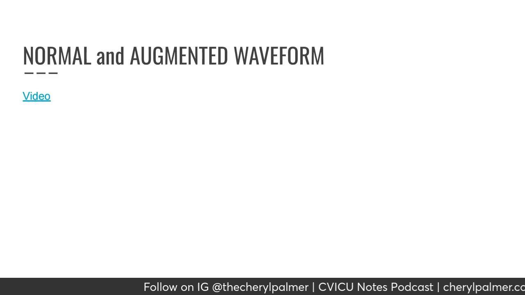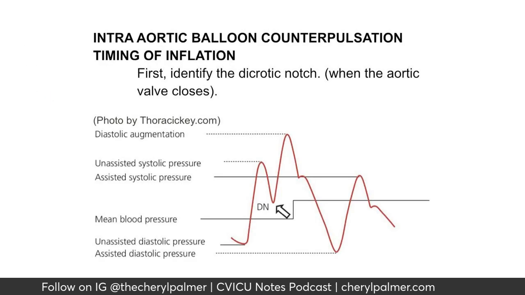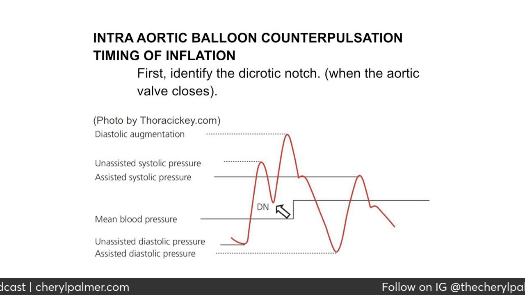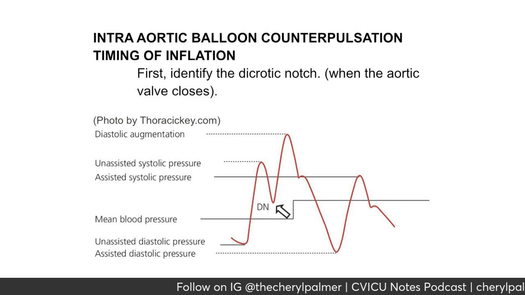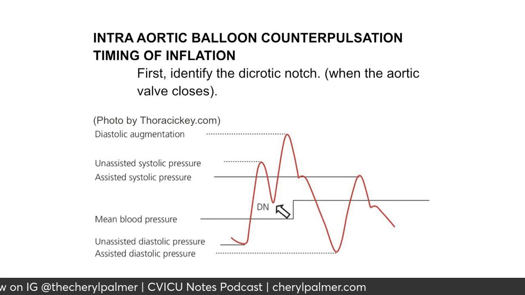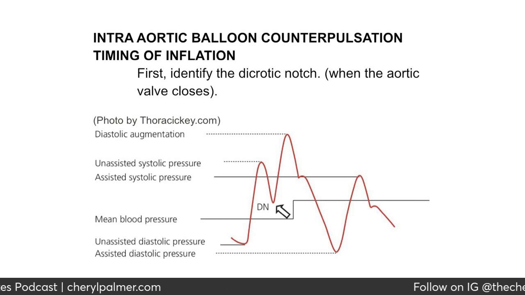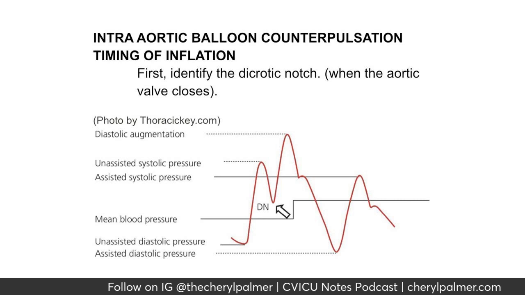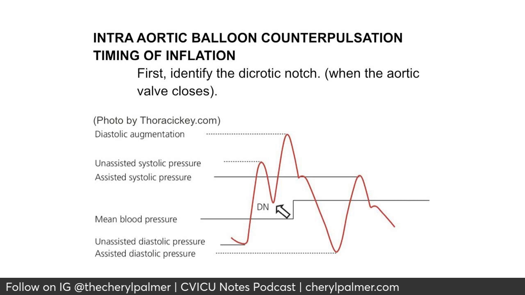Your waveforms. Okay, here you have your diastolic augmentation waveform, which is at the top. Unassisted systolic pressure, which is right before your diastolic augmentation, and the dicrotic notch.